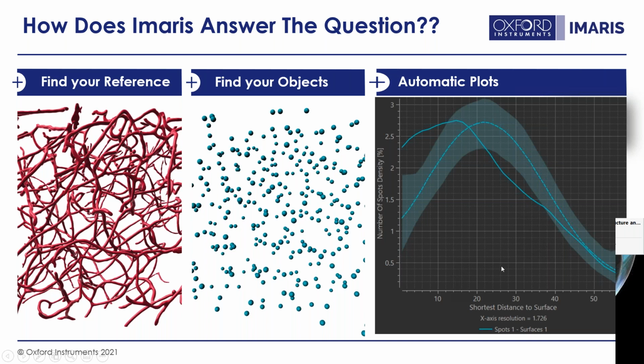We have fewer spots in this range from about 18 microns over to, let's say, 40 or a little bit more. Now, picking those numbers to say where your line is, where you see it move from attraction to repulsion, can be something that you want a little bit of help with. So Imaris also adds these attraction distance bars that help you understand where that switch is happening and gives you a way of reporting exactly what those values are and describing that to the people you're presenting this work to.